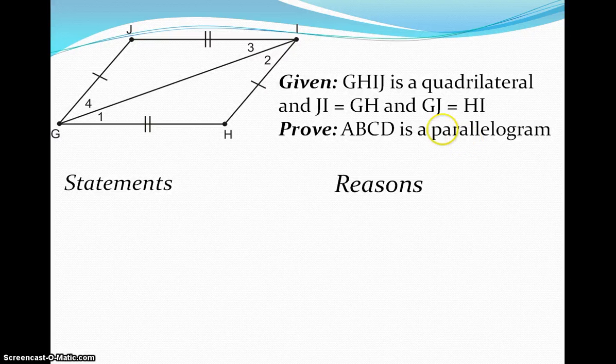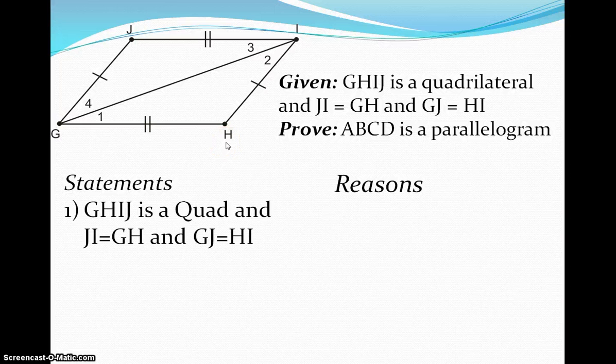The definition of parallelogram states that it has two sets of parallel sides, meaning that I would like to eventually prove that JG is parallel to IH and JI is parallel to GH. But of course, let's start with our givens. As we go through, we have exactly what was stated prior, which are our givens.